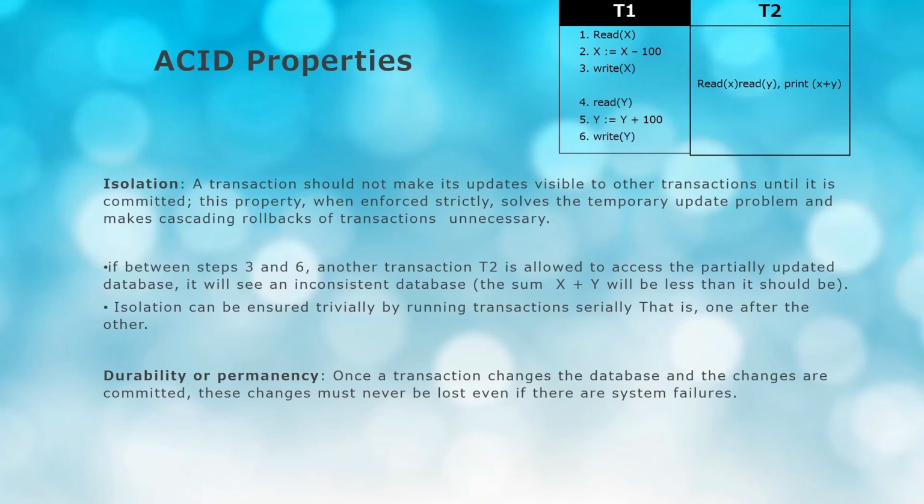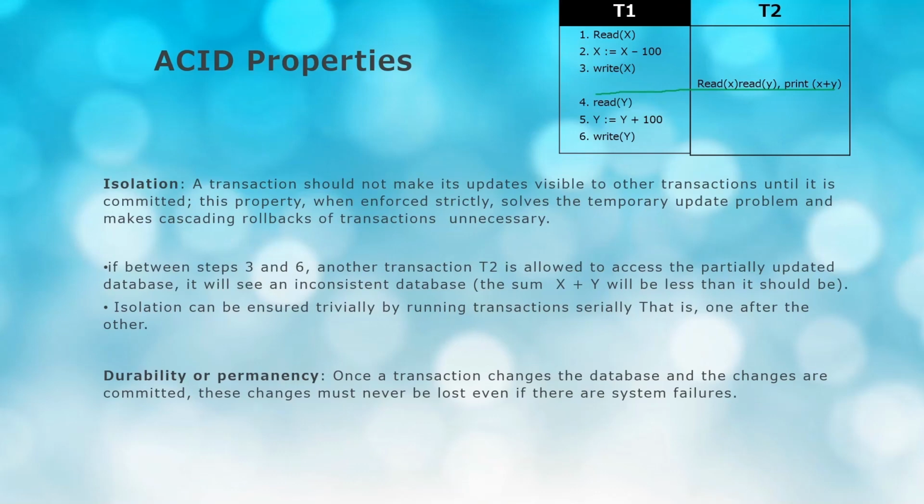So if in between, another transaction T2 reads the value of X, which was 500 but is now 400, and Y is 200, the sum is going to be 600, which is not consistent because T1 has not completed and T2 has taken the value in between. That is isolation. That means if one transaction is running, its updates are not visible to another transaction until it commits.